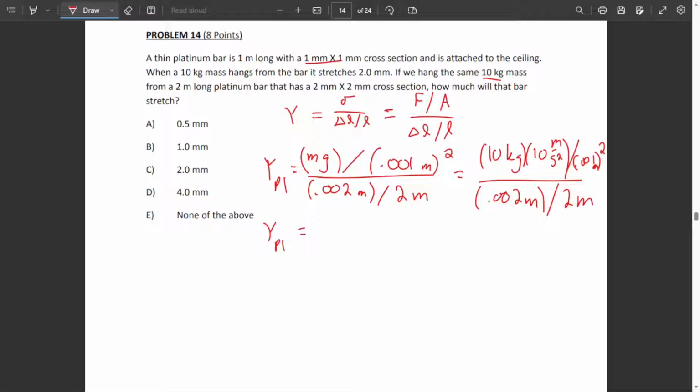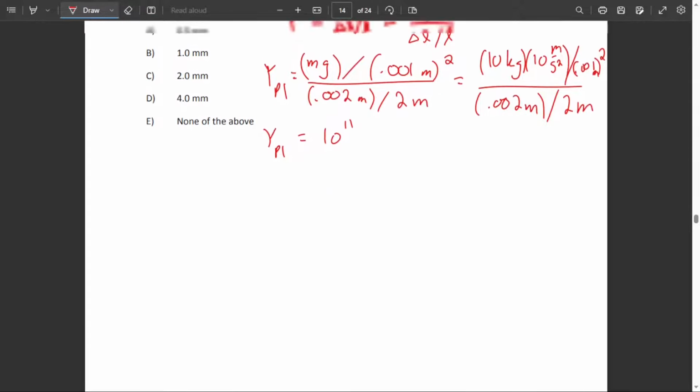Y, the platinum, is 10 to the 11th. What are the units, like pascals? Let's not worry about the units for now.